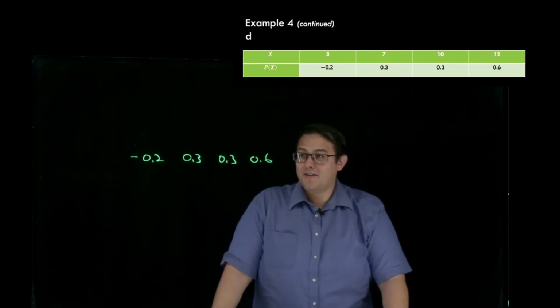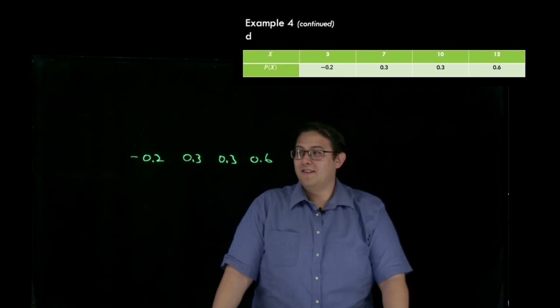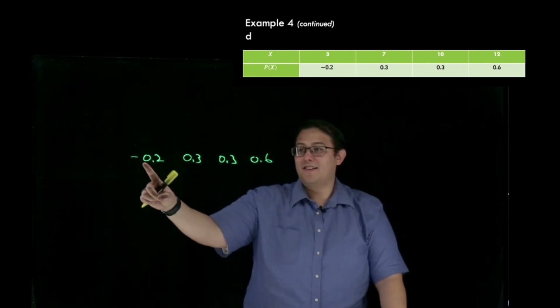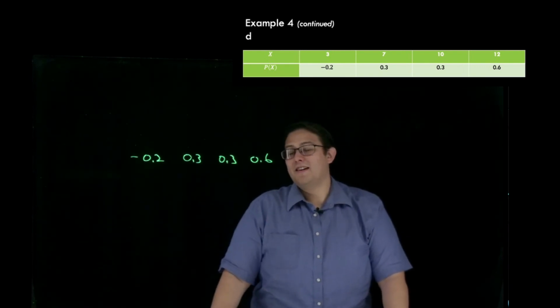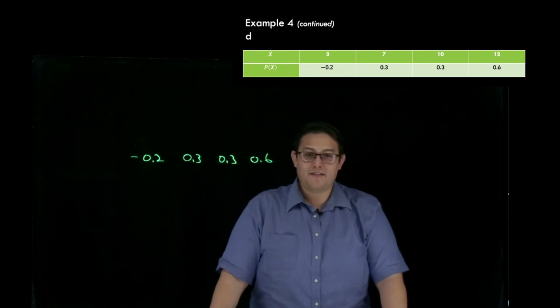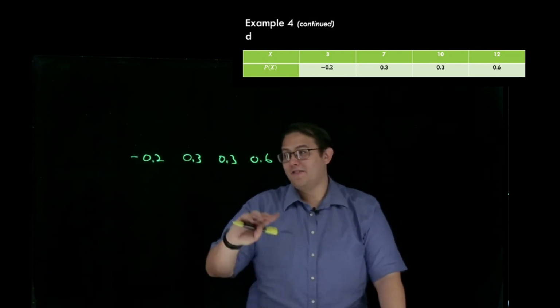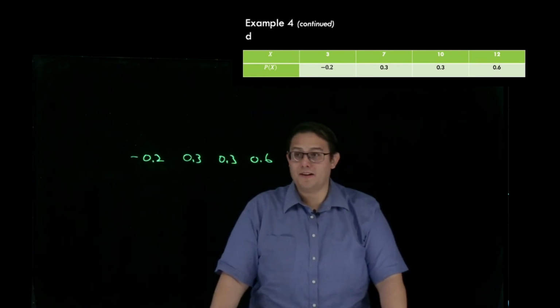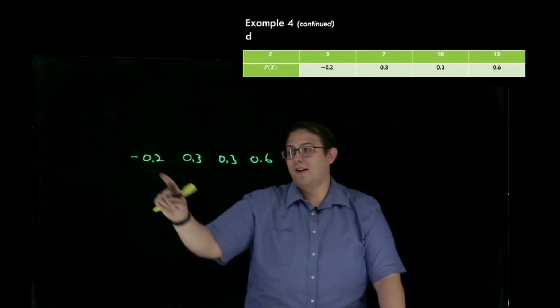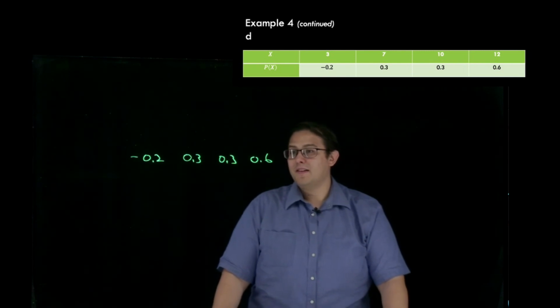So from the get-go, there's something wrong with this one. It's negative, and probability cannot be negative because it has to be in between 0 and 1. So you don't even have to add them all up. You already know it's not a probability distribution because you have one negative probability.